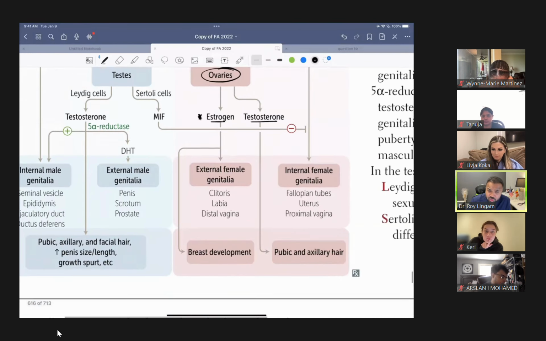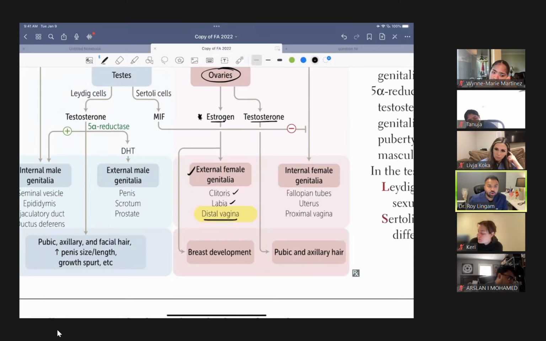What that estrogen does, it stimulates external female genitalia. The estrogen can only help to develop external female genitalia. So that's your clitoris, labia. I want to highlight the distal part of the vagina. That's very important because there's a huge pathology, distal part.